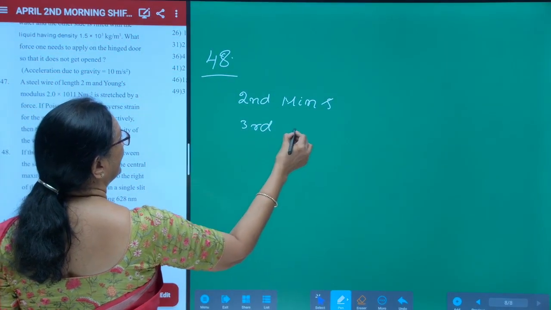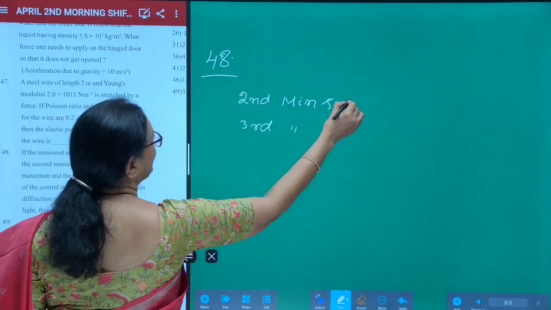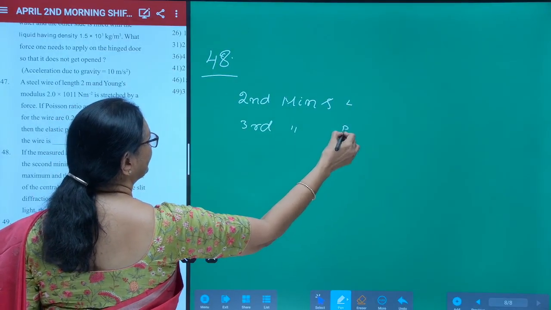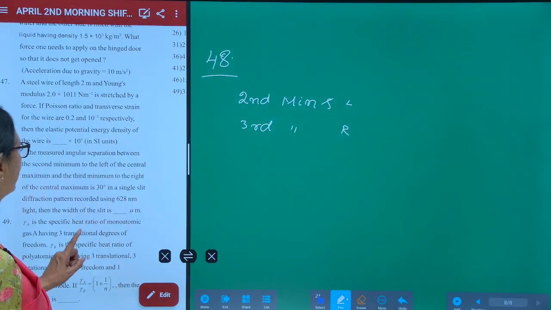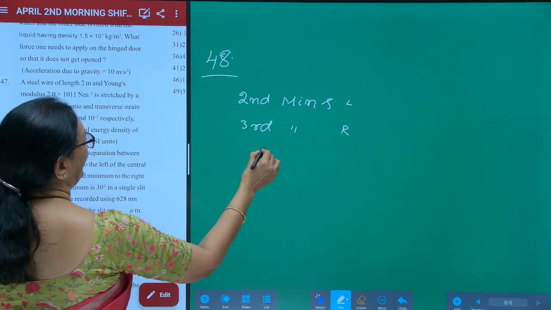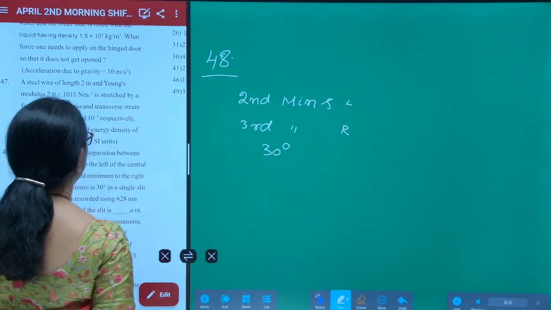Third minimum is to the right of the central maximum and this is to the left. Angular separation between them is given as 30 degrees.